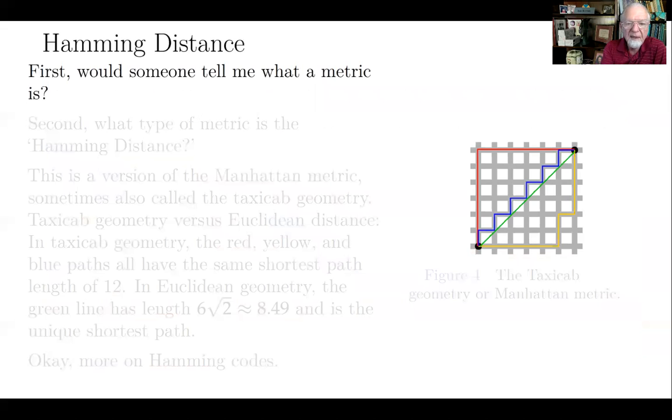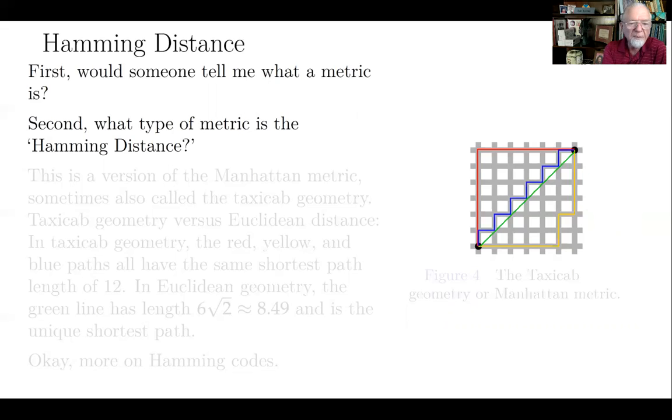So would somebody tell me what a metric is? Use your space bar and shout out. Some quantified measure of distance. Right. So a way in which you measure distance.